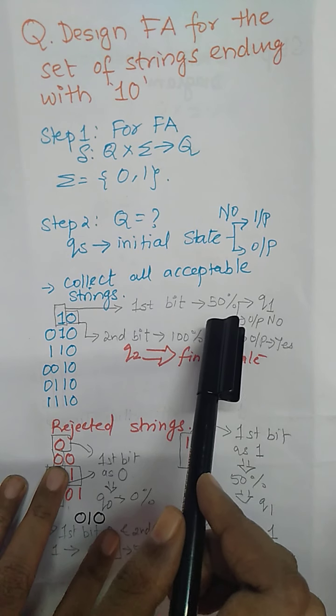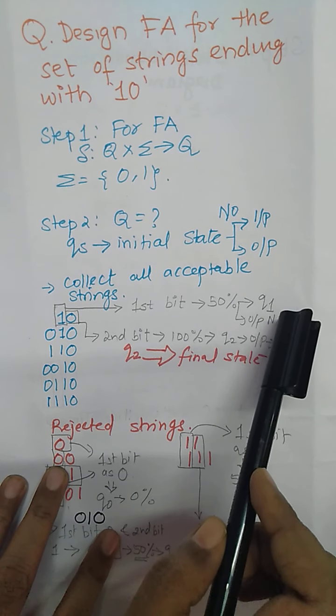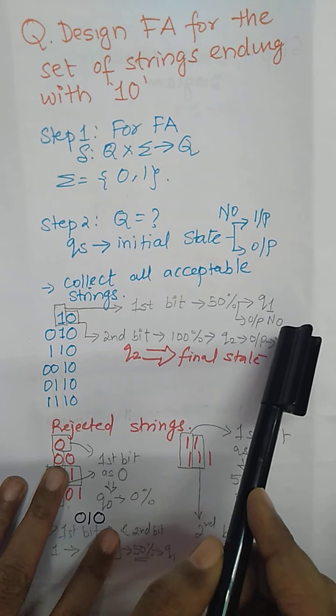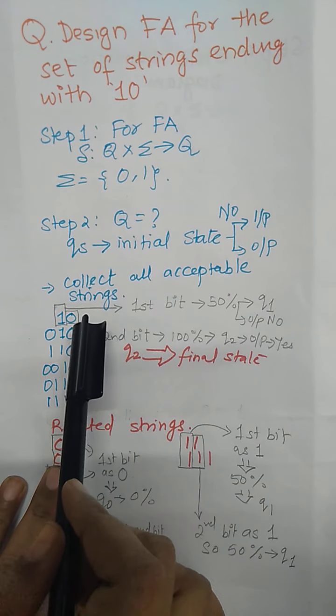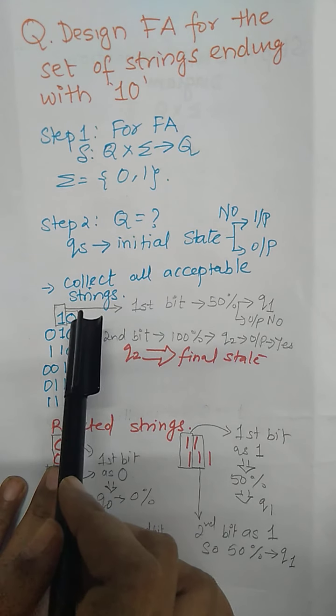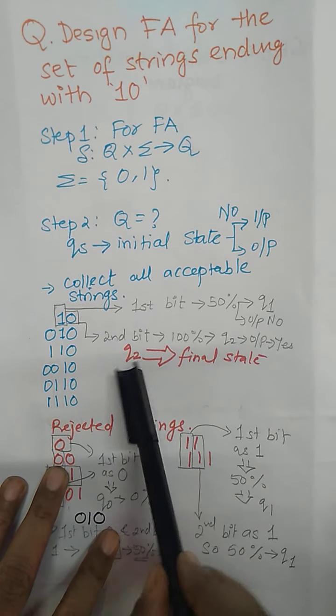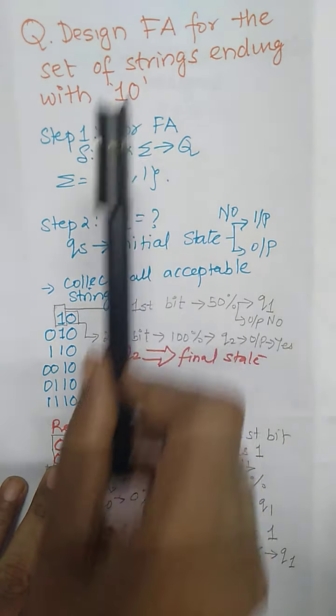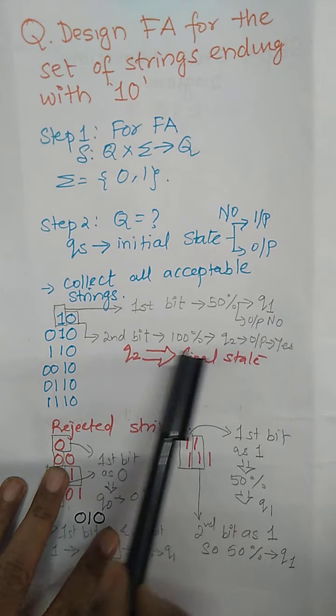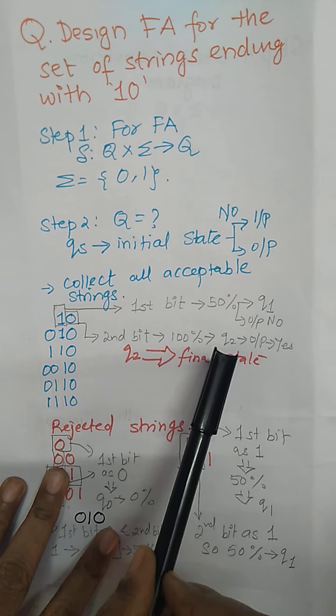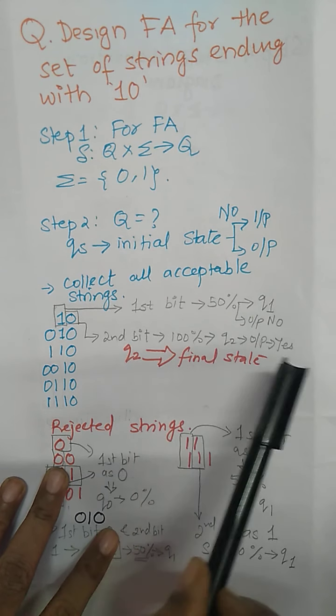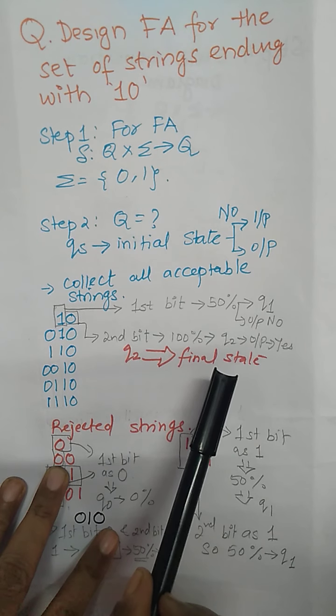For this situation we give the name q1, with the output definitely no. Now if after q1 the second bit is 0, then it contains according to our requirement 10, it is 10 itself. So that means it contains 100% of the required condition. Output will be yes and it will be the final state.